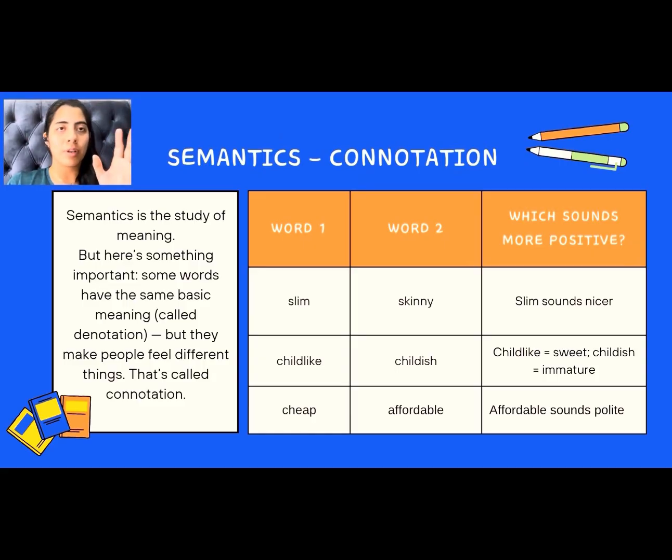It is divided in 3 columns: word 1, word 2, and there is a question: which sounds more positive? Okay, so we've got slim, skinny. Slim sounds nicer. Childlike, childish. Childlike, it's like sweet, but childish, it's like not very mature. And we also have cheap and affordable. And in this case, affordable sounds more polite.